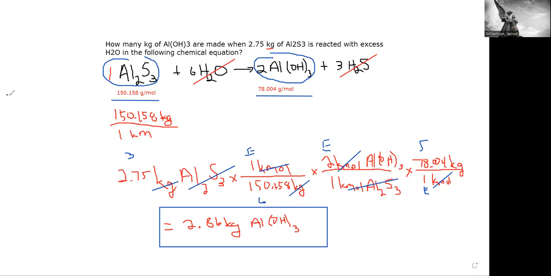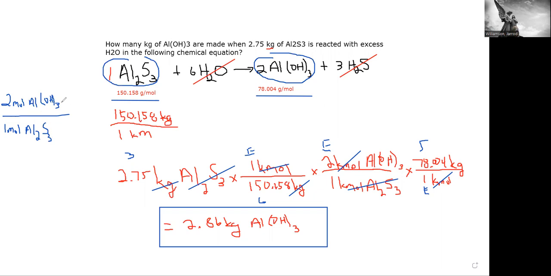So I'll write 2 moles of Al(OH)3 for 1 mole of Al2S3.